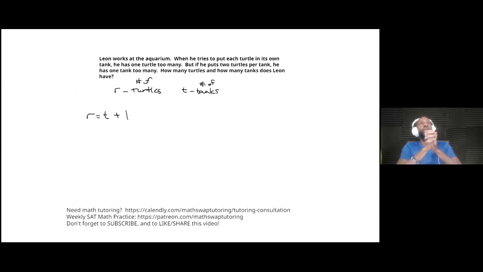Okay, so it's more so going to be the number of turtles divided by two, because you're putting them together, two per tank, and that should be equal to the number of tanks minus one. So R over two is equal to T minus one.